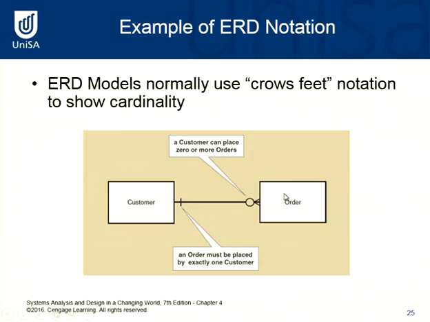So the line or the notation doesn't actually belong to the entity that it's touching up against, if that makes sense. This actually belongs to what the customer can do in terms of the order. So the customer can place 0 or more orders. The order must be placed by exactly one customer.